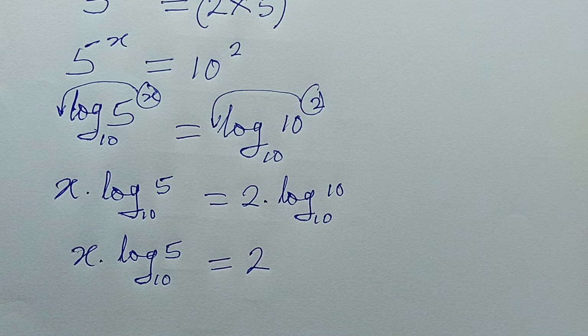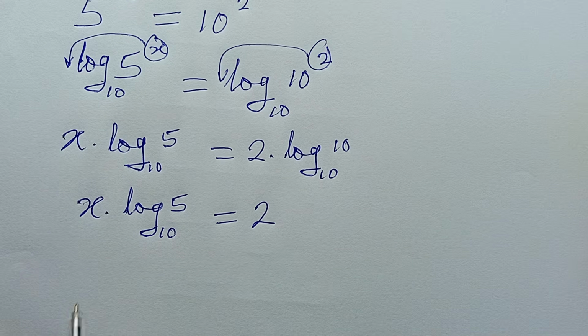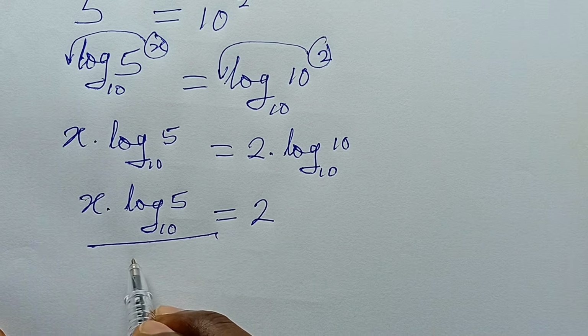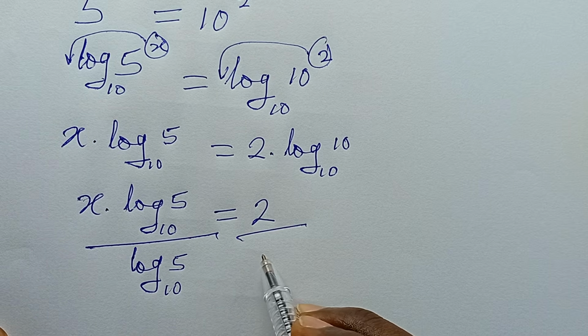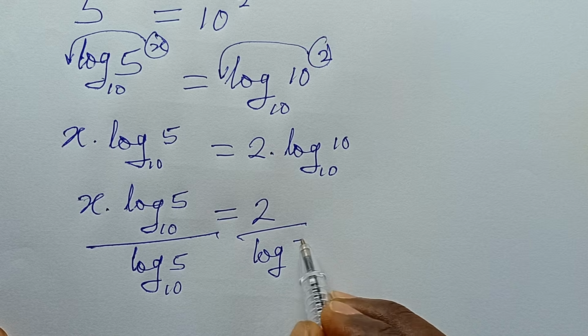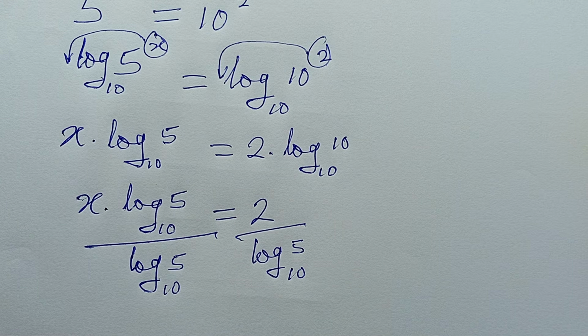So what we do at this point, we divide through by log 5 base 10. Okay, so if we divide through by log 5 base 10, we divide this by log 5 base 10, equally divide this by log 5 base 10.